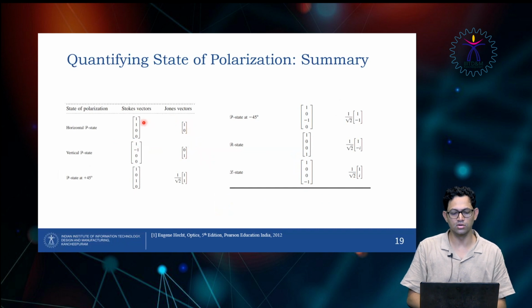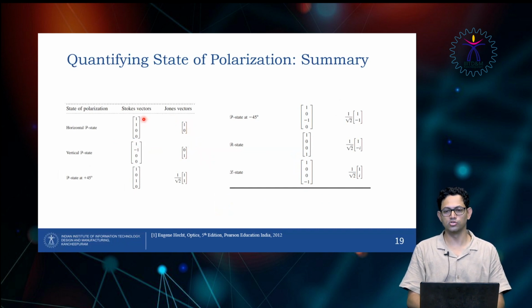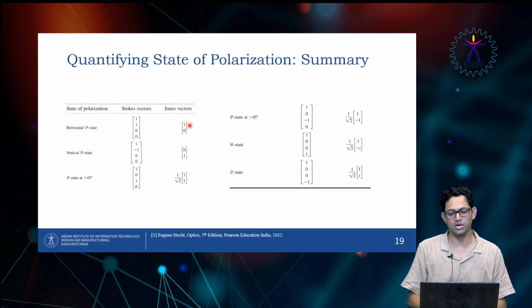So this is how you differentiate between Stokes vector and Jones vector. So if you see the horizontal polarized state for Stokes vector is 1 1 0 0, if you remember it, but in the case of Jones vector is 1 and 0. Okay, it's kind of more simplified version. Vertical polarization state is 1 minus 1 0 0. In the case of Jones vector is 0 1.